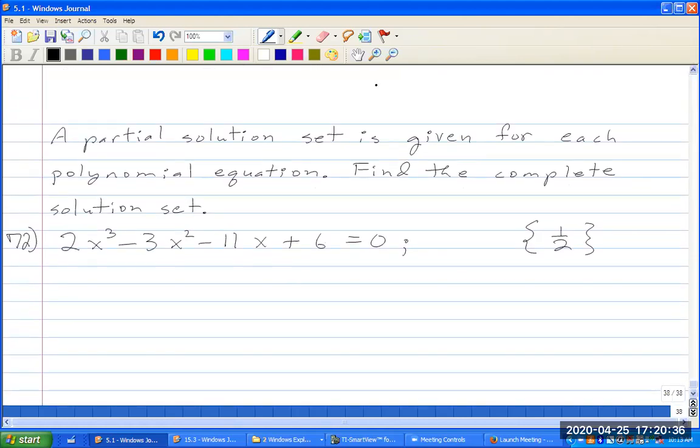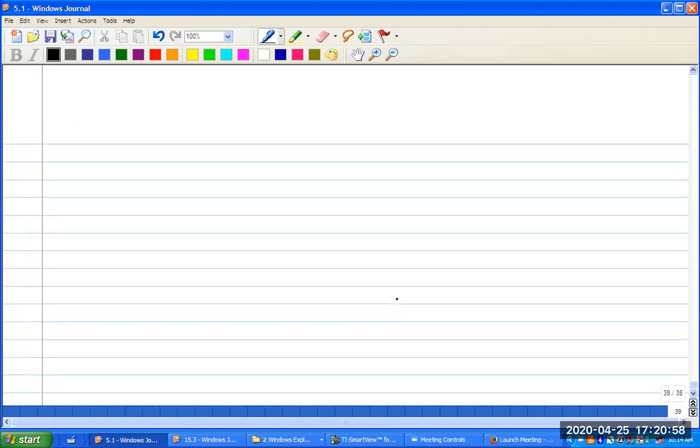And so I have here a half is my root. And I'm doing 2x cubed minus 3x squared minus 11x plus 6. Drop down the 2.